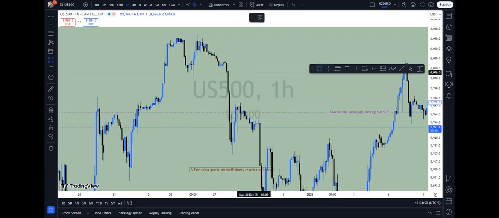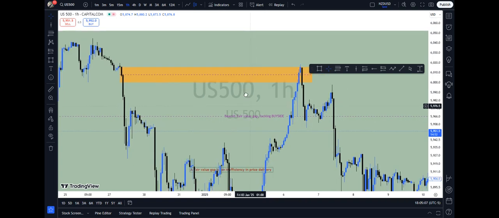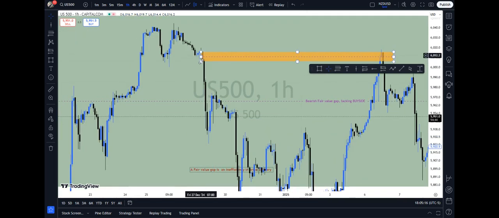So this is a fair value gap, a typical example of a sell side fair value gap. This is a bearish fair value gap. Why do I call it a bearish fair value gap? Because I'm picking this very place.